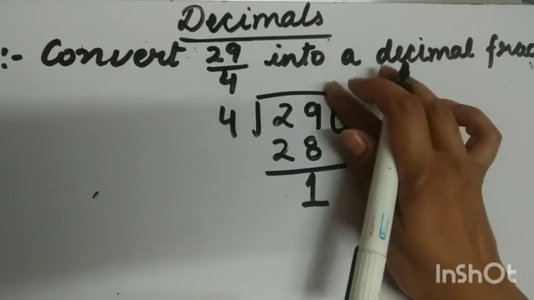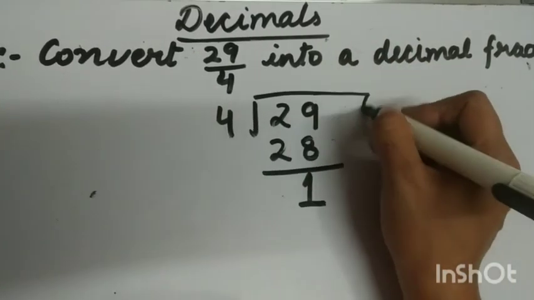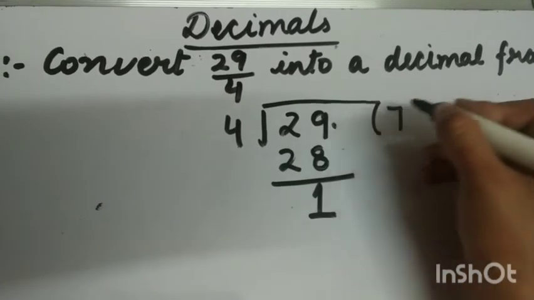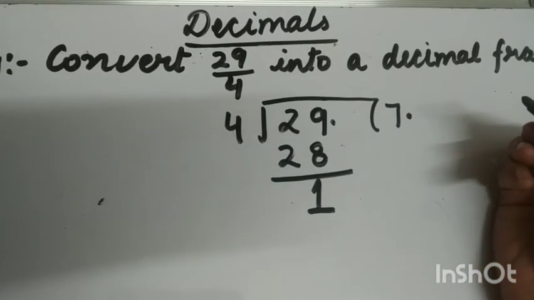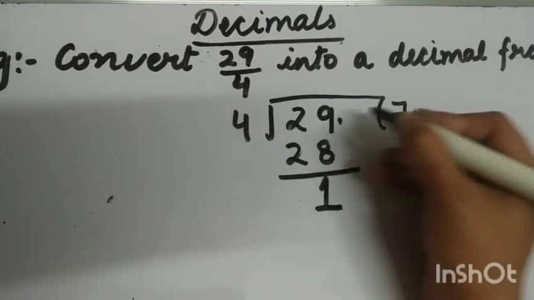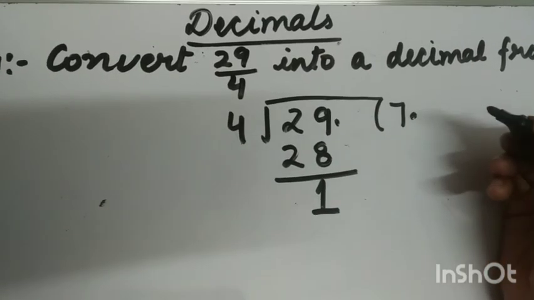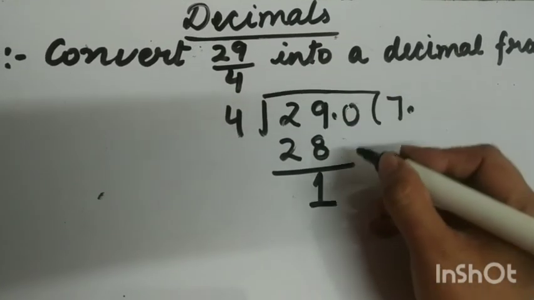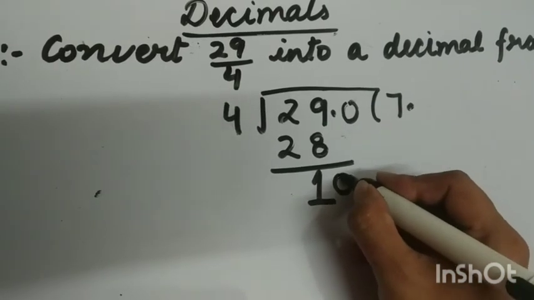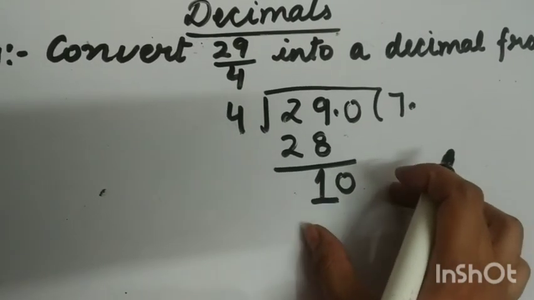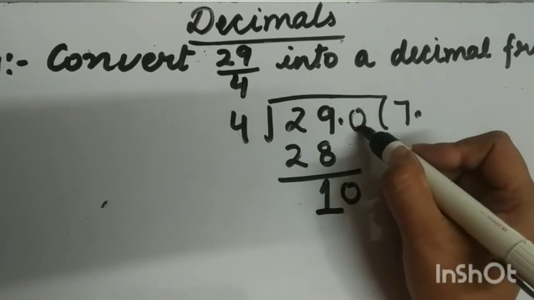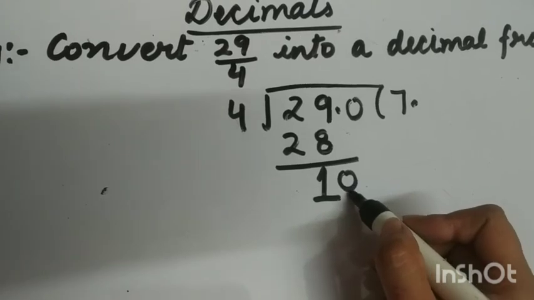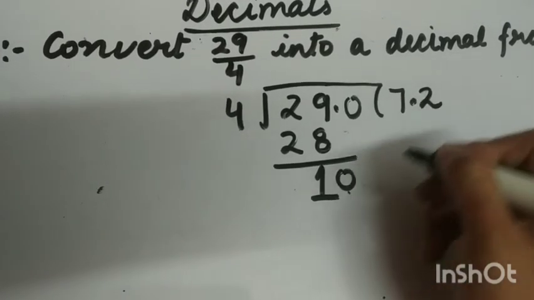So we put a decimal point in the dividend as well as in the quotient, and put a 0 on the right of the decimal point in the dividend as well as on the right of the remainder. 4 2s are 8.